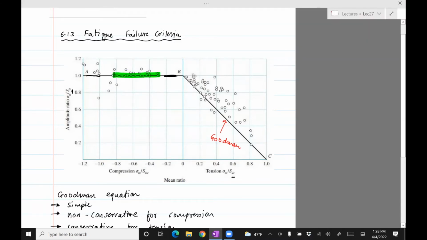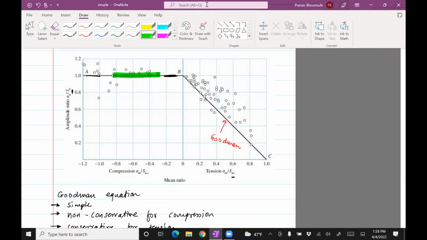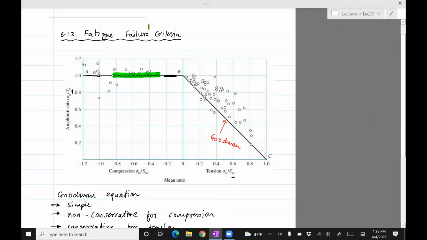And on the right-hand side where you have tension, this Goodman line doesn't really pass through all these points. Ideally, you want to pass through these points so you can predict failure for them, but it gives a conservative estimate of that yellow envelope. So it's conservative in that sense.